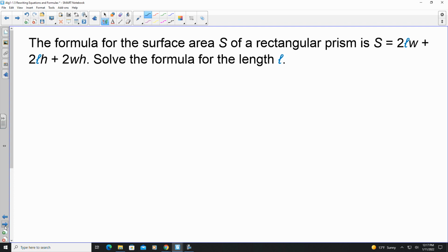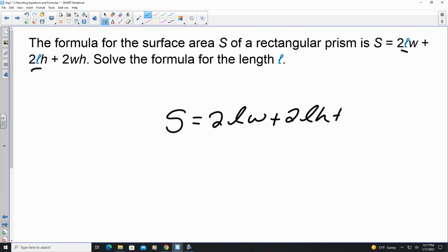We have two situations where we have the variable in a couple different spots. So let's take a look at this. I got S is going to be equal to 2LW plus 2LH plus 2WH.